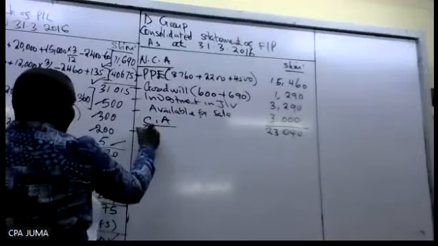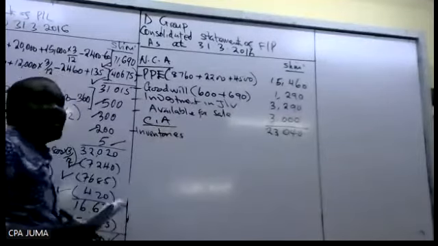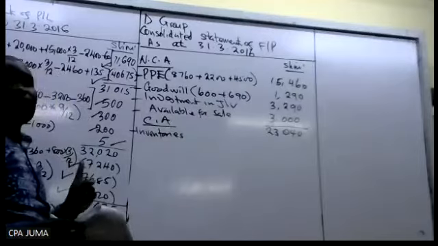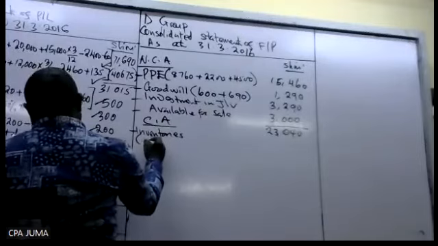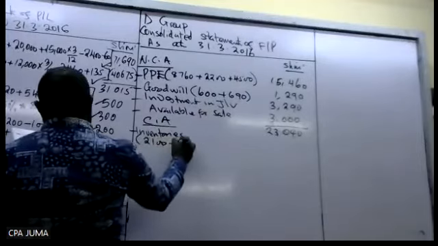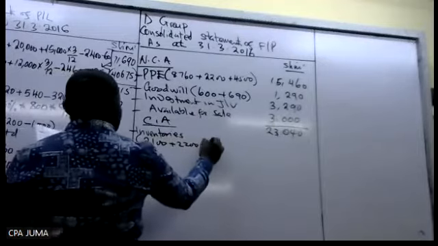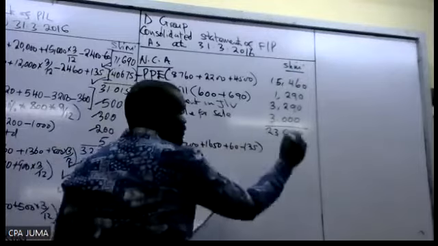Current assets, inventories. Let me adjust my way, then you tell me whether everything is in order. So inventory will be 21 plus 22 plus 1650 plus 60 minus 135.